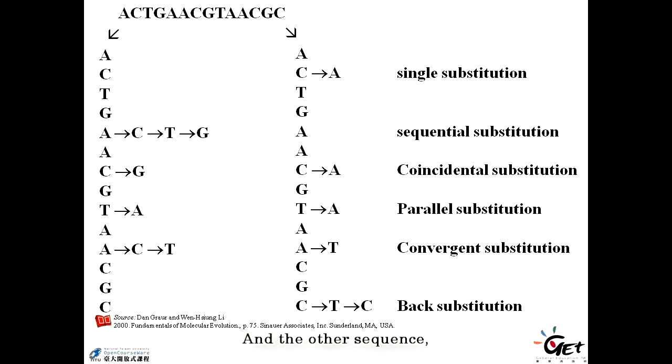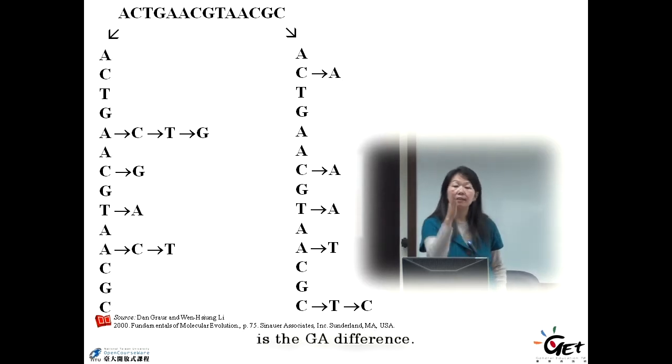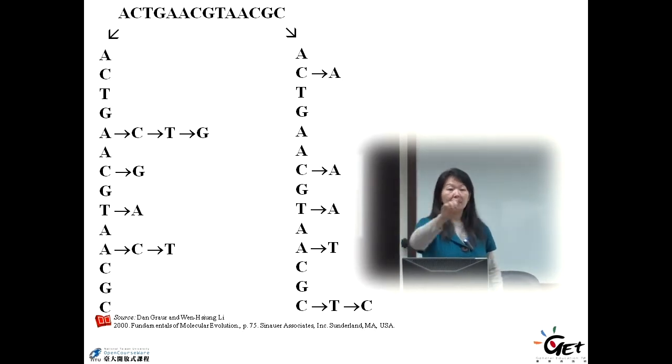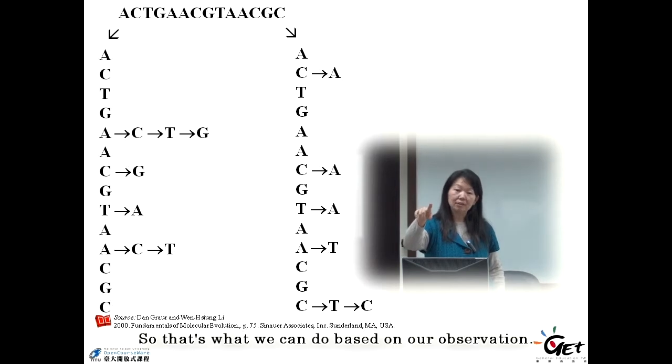And the other sequence stays as an A. What the observation you have is the G and A difference, and that's the proportion of difference. As a counting method, you can count: this is a G, this is an A, they are different. So that's what we can do based on our observation.